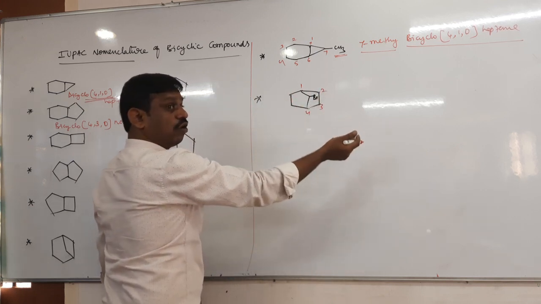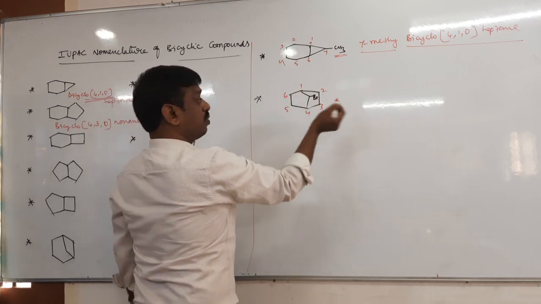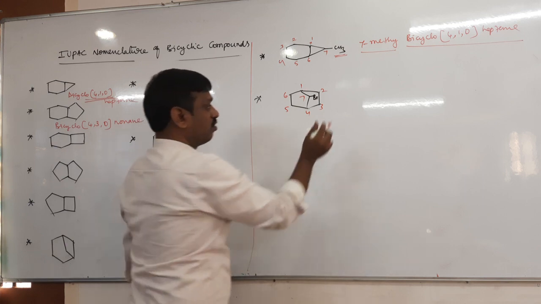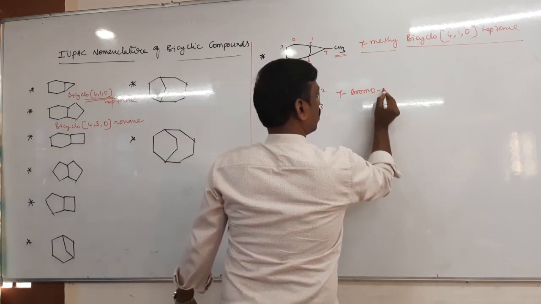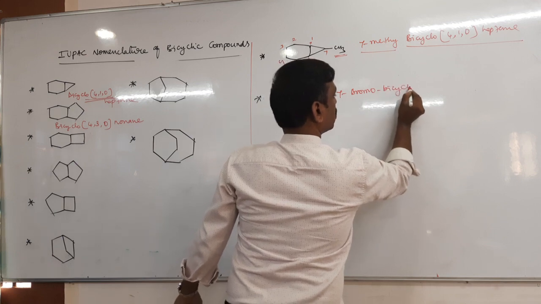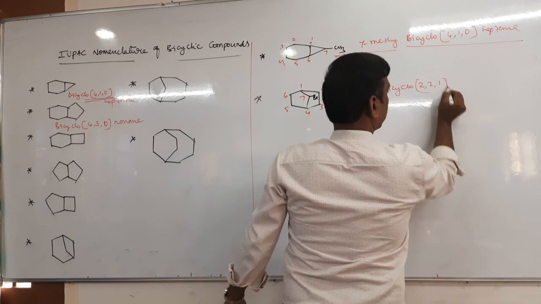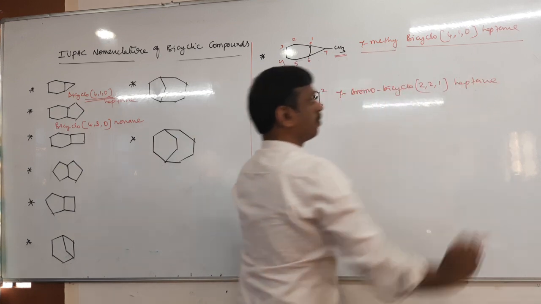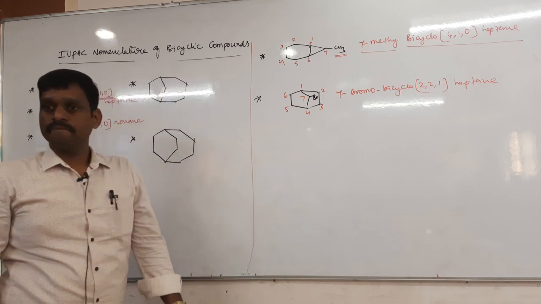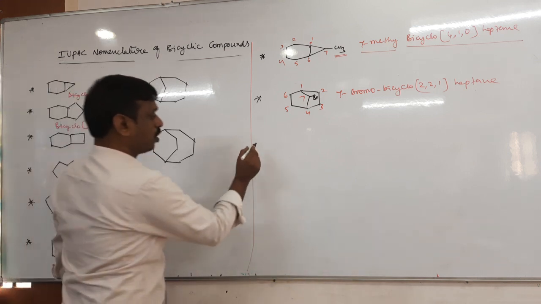The next is the long bridge, 5, 6, and the shortest bridge is 7. Therefore the IUPAC name is 7-bromobicyclo 2,2,1 heptane. Okay, one more example.